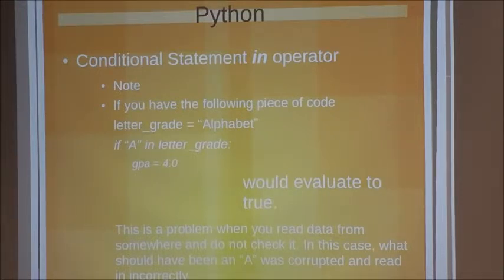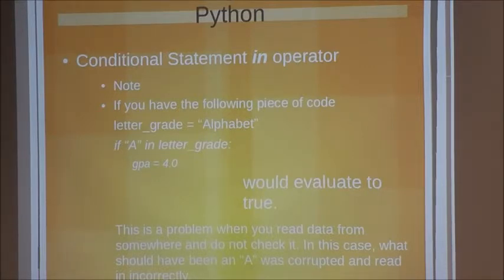But please note, if you have bad data, which sometimes you will get with Python because you don't really check what you're getting half the time. If you have a string variable called letter grade, and you read it in from a file, but it actually contains the word alphabet: if A is in letter grade, then the GPA for that person is 4.0.